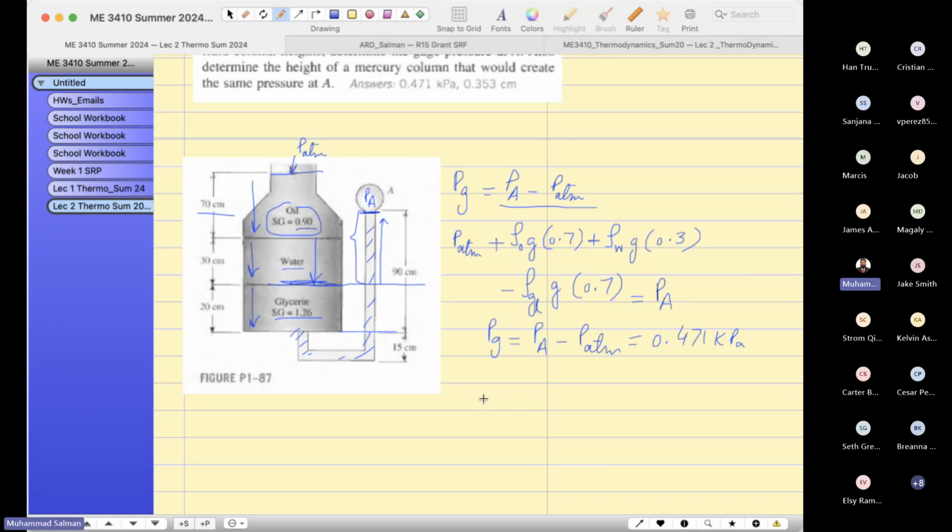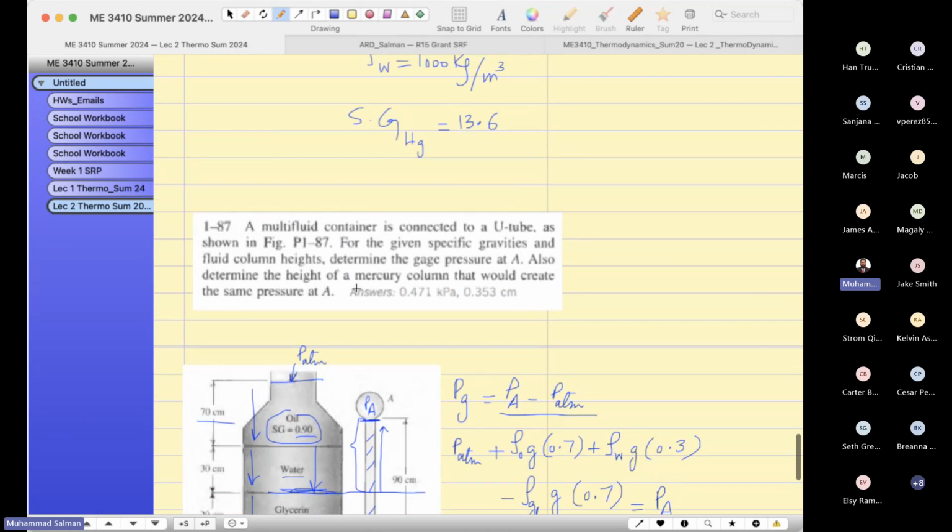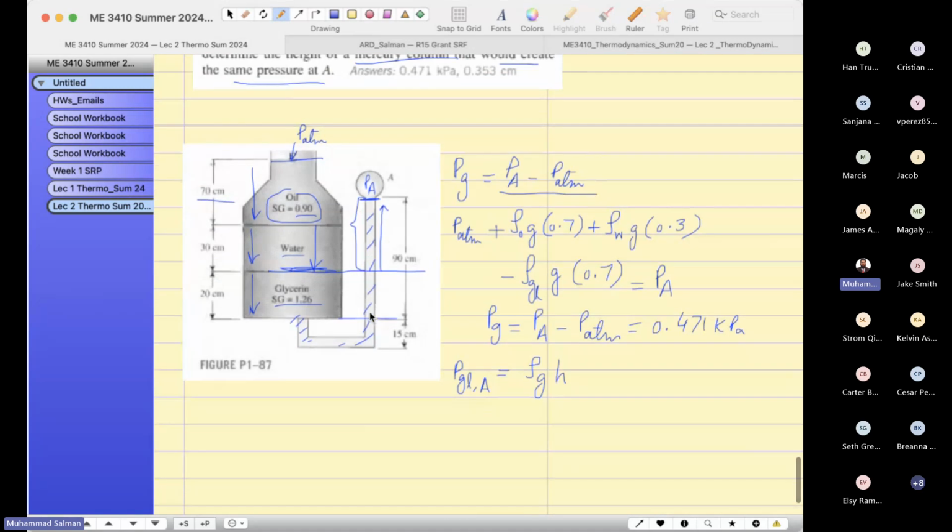Now for glycerine, P for glycerine at A, it is also asked to determine the height of the mercury column that would create the same pressure at A. So how would you find rho g h for mercury?